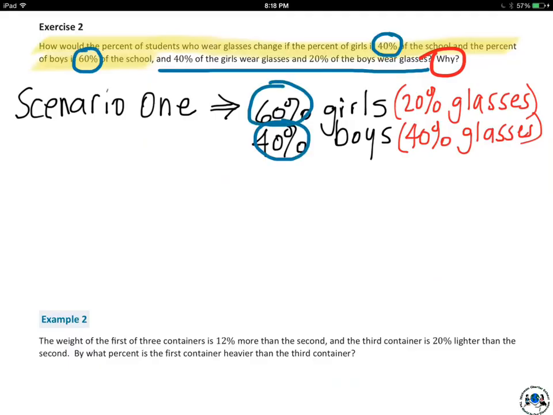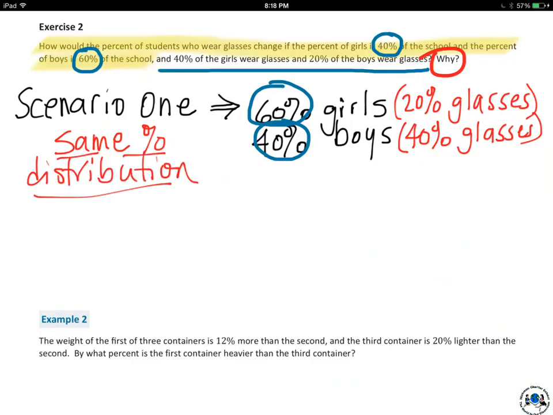If you take a look at these numbers, you will notice something. We still have 40 and 60. It's just that it's flip-flopped. And we also have the same percentage distribution with the percentage of glasses.